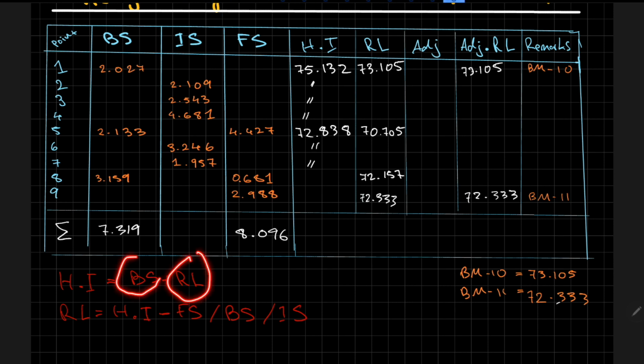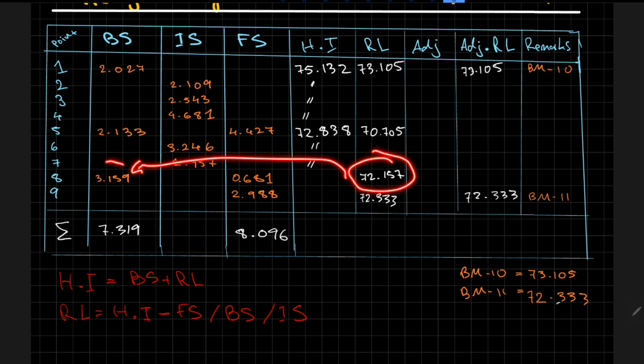Now we need to add the backside to get the instrument height. So reduced level here plus backside here will equal the height of instrument. So we can just do that. 72.157 plus 3.159 equals 75.316.